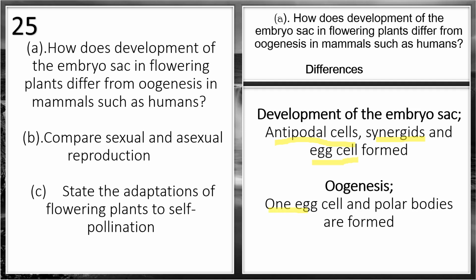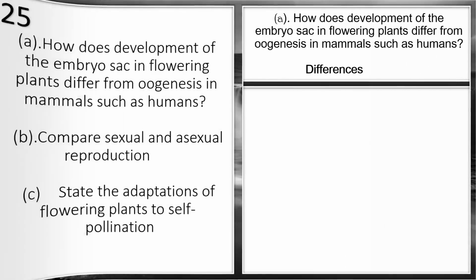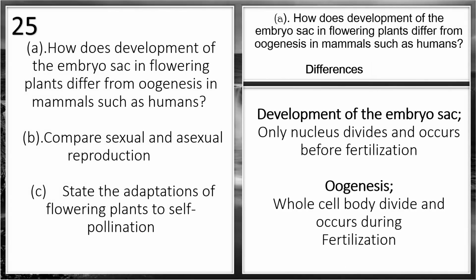Oogenesis, one egg cell and polar bodies are formed. Embryo sac, only the nucleus divides and occurs before fertilization. Oogenesis, the whole cell body divides and occurs during fertilization.